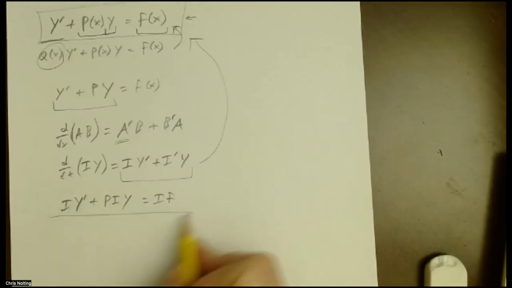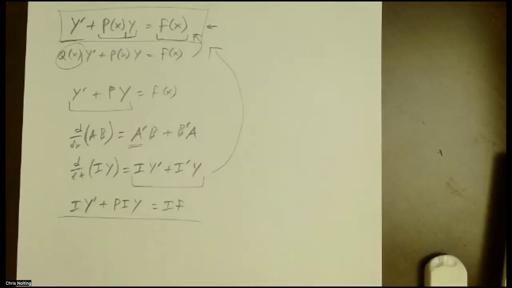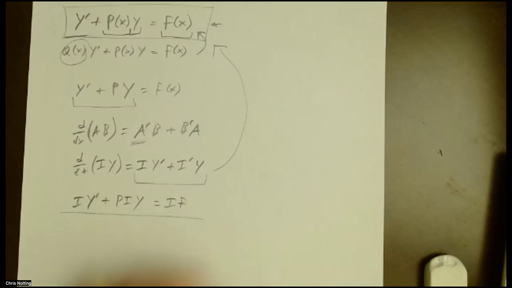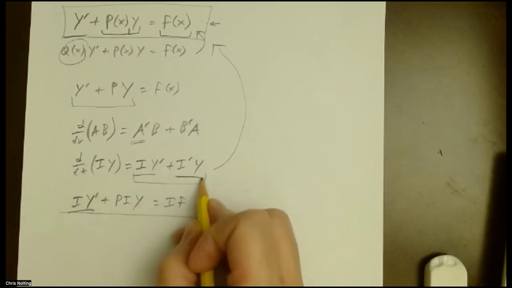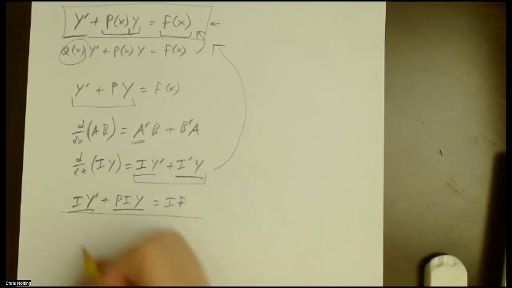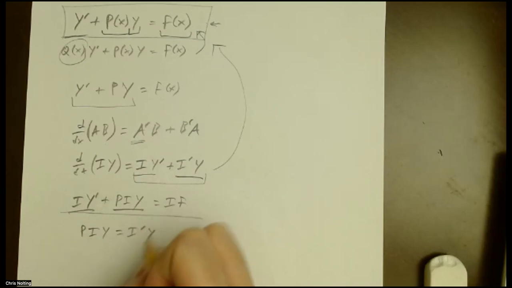So this is literally just that first equation, the form of it, and we're going to write it like this multiplied by I. So now I've got this term here, and now this thing has to be here. So let's say p I y equals I prime y. This is what would need to be true for this to equal that.